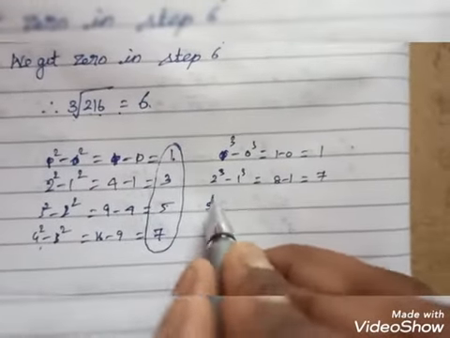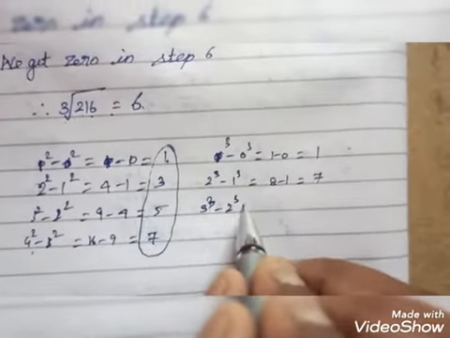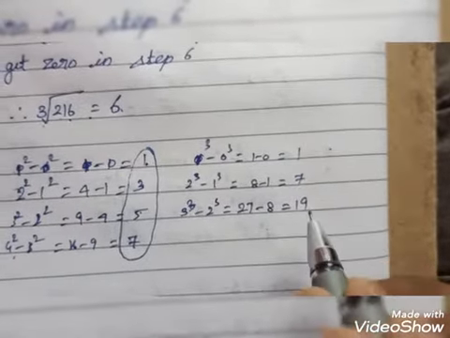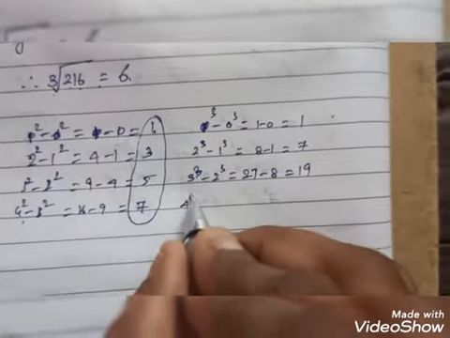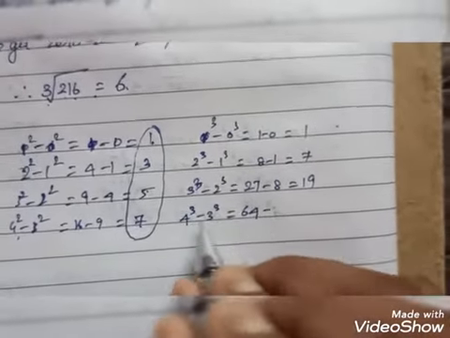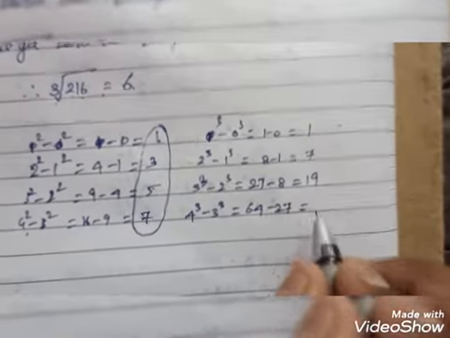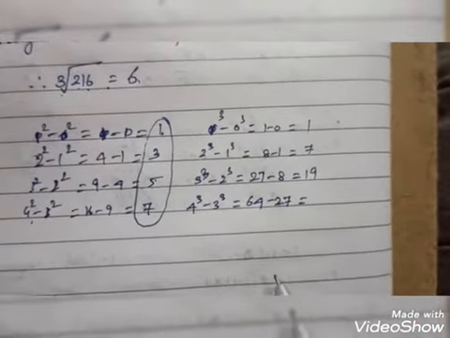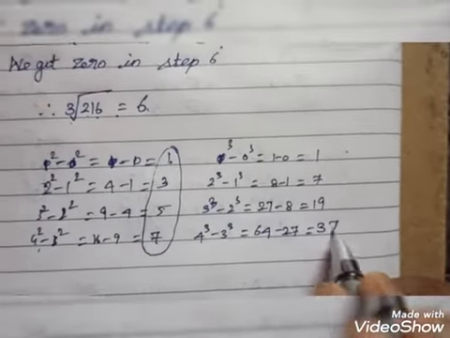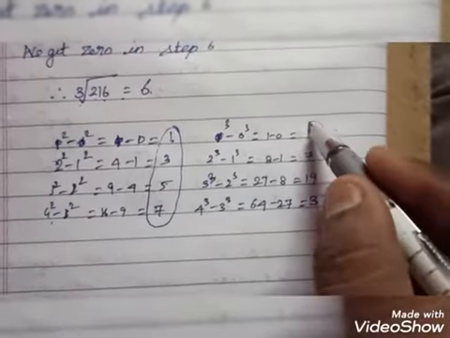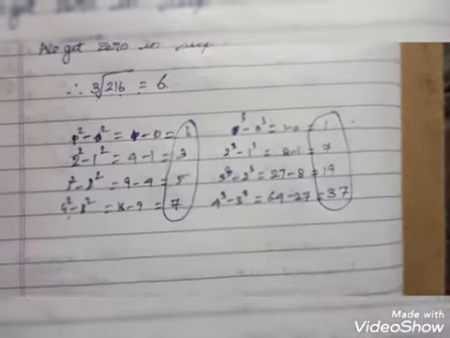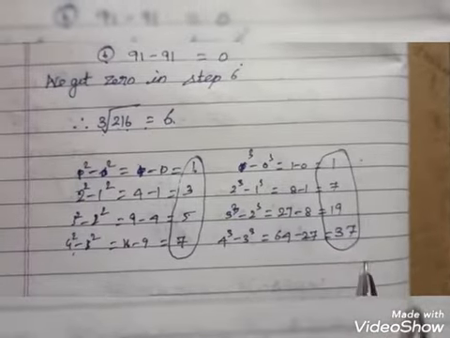Next 3 cube minus 2 cube, which is 27 minus 8 which is equal to 19. 4 cube minus 3 cube, which is 64 minus 27, you get 37. So now you see the sequence 1, 7, 19, 37. These are the sequence to find the cube root by successive subtraction.